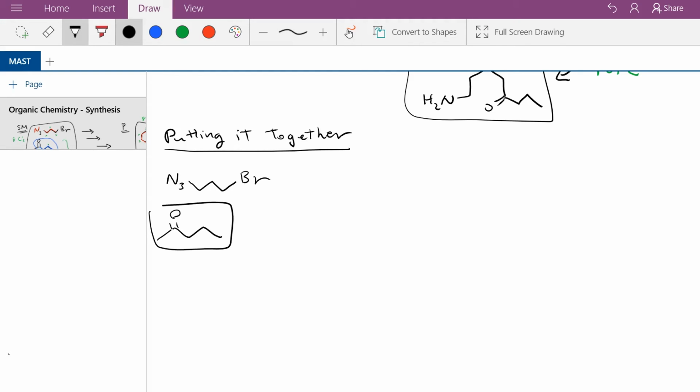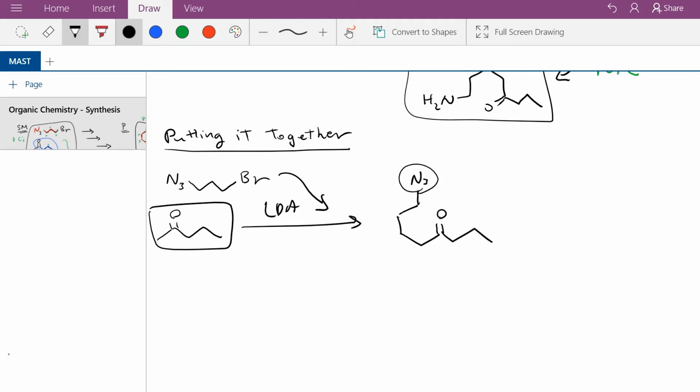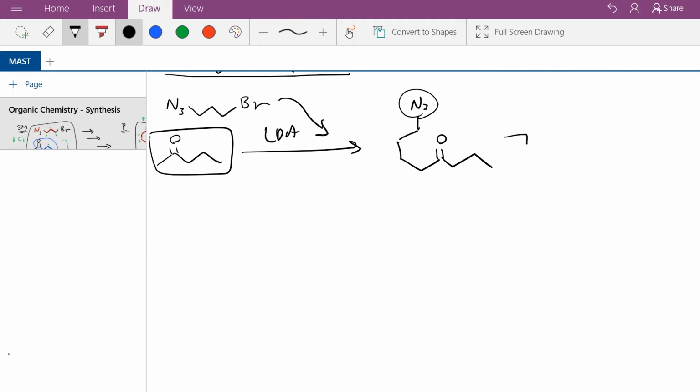And starting with this, we first react it with a strong base, LDA, and then we put in this. And this would get us to our first intermediate compound. Next, we want to reduce this azide to an NH2, so we can hydrogenate it.